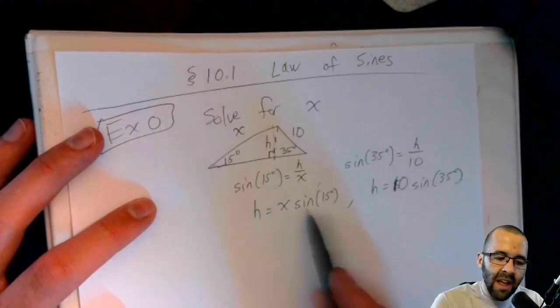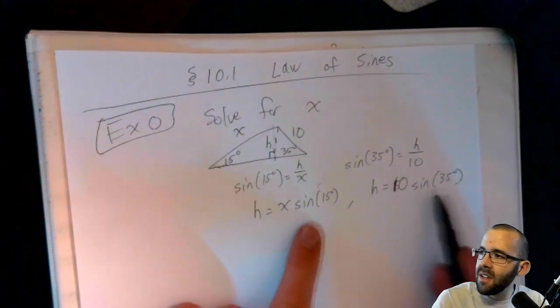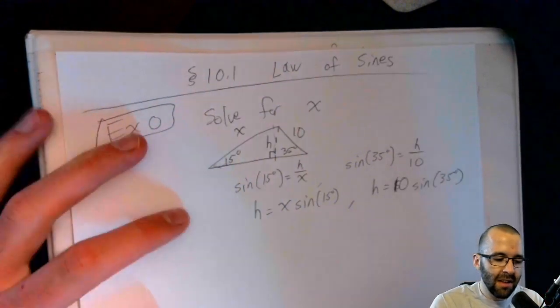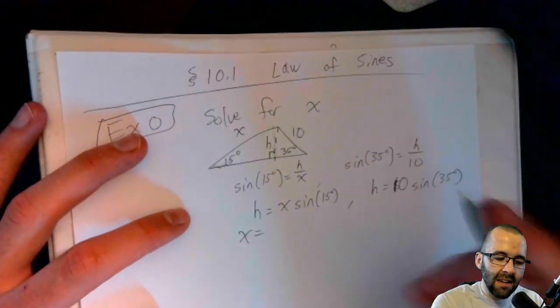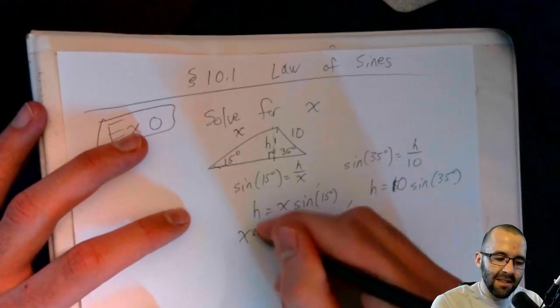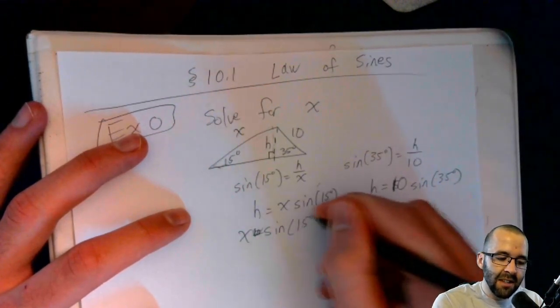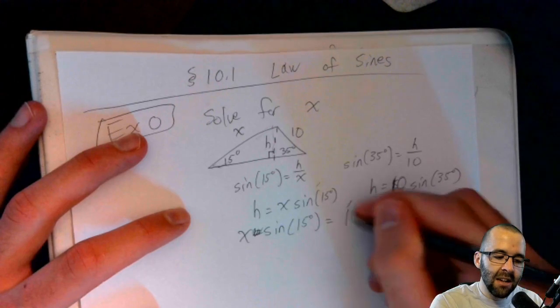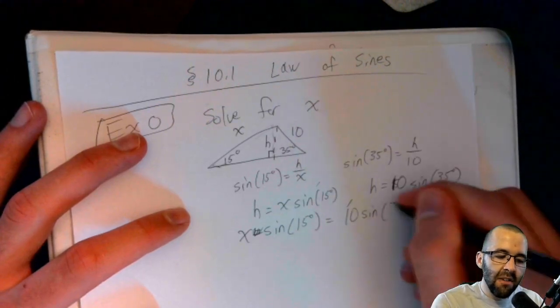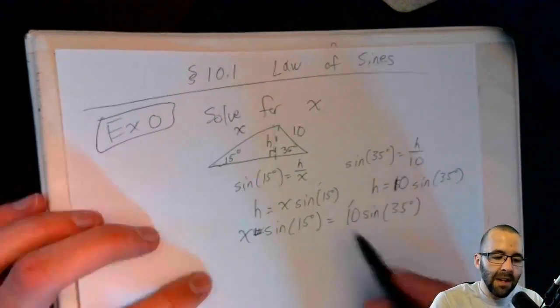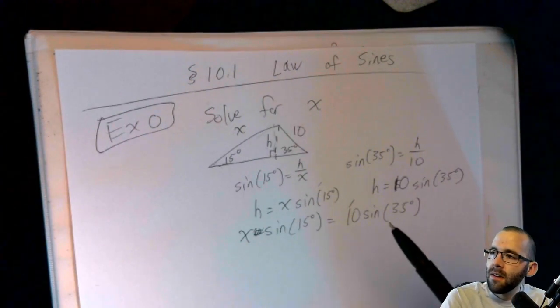Well, if H is equal to that and H is equal to that, these two things have to be the same. So we get X times the sine of 15 degrees is equal to 10 times the sine of 35 degrees, and we could solve for X from here.